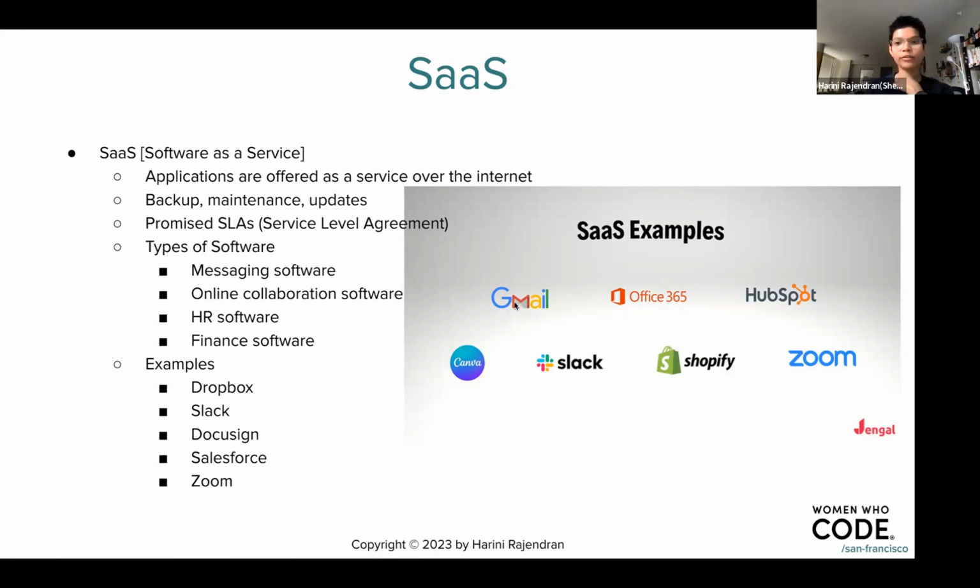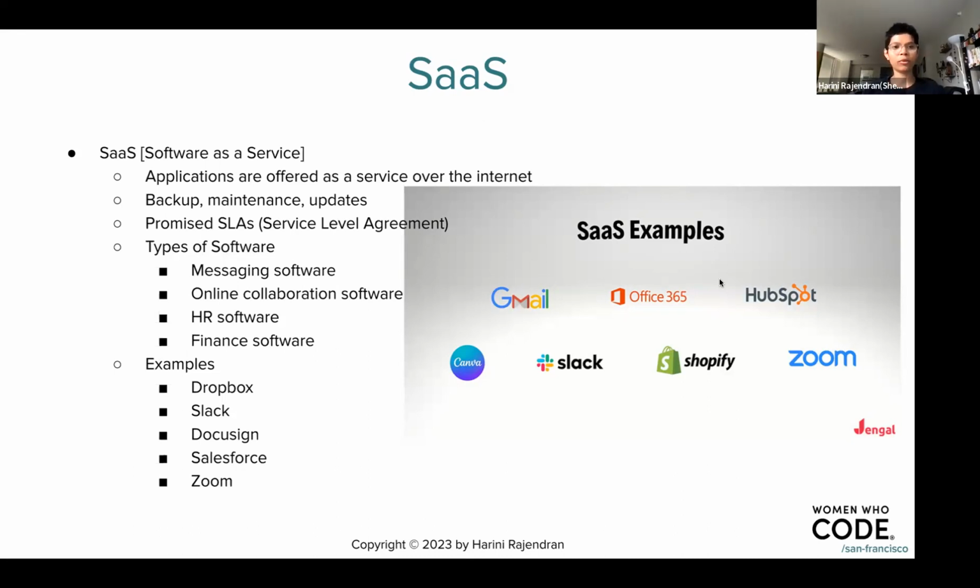All these applications, you don't manage the code, you don't run the server in which those applications are running. All you do is open internet, go to Chrome, type gmail.com, and bam, you have the application in front of you, out of the box, ready to use. Such softwares that are offered as a service to you are called software as a service.